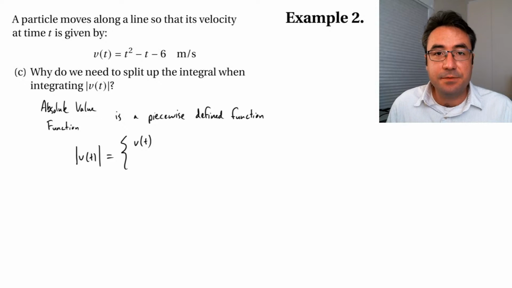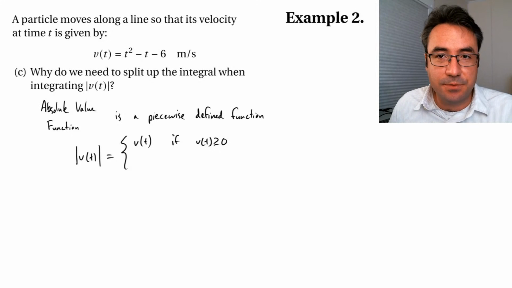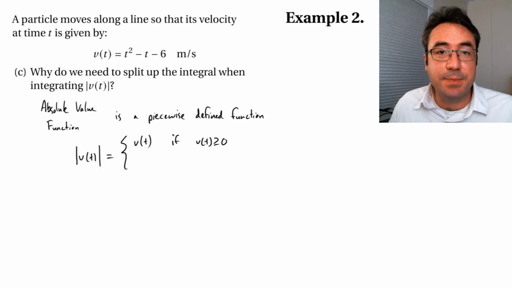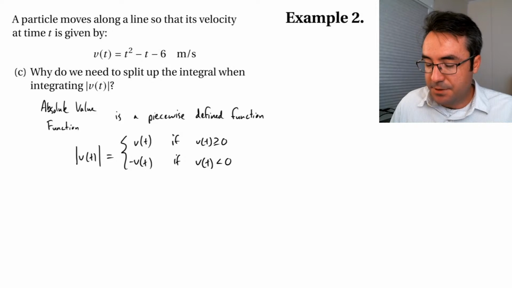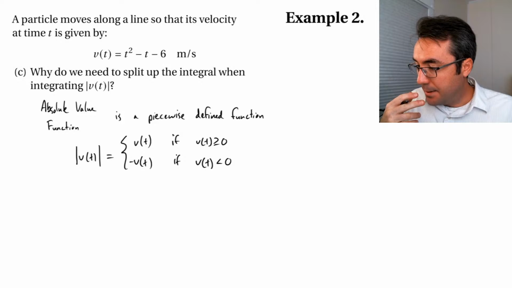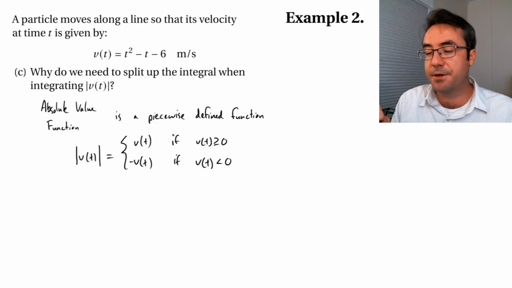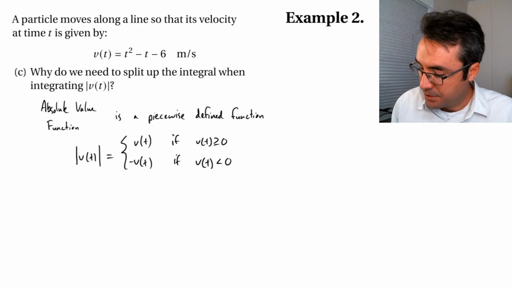It's defined to be v of t if velocity is greater than or equal to 0. And this is true for any absolute value. It's equal to what's inside if what's inside is positive or 0. And it's equal to the negative if what's inside is negative. So this is how we define absolute value. So what was our sign chart for this particular velocity function?